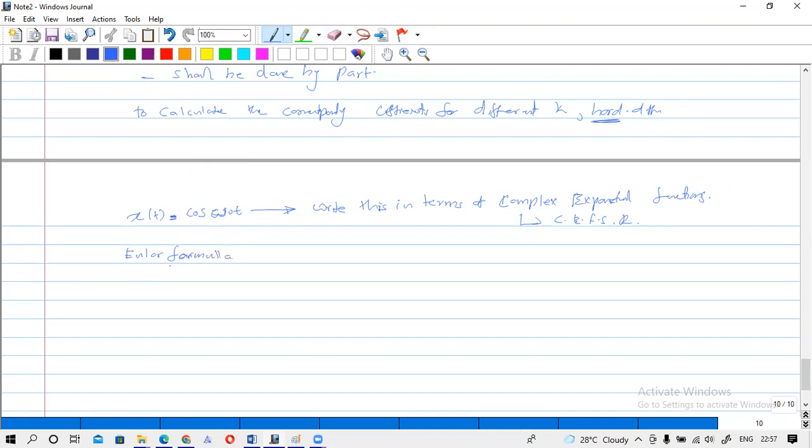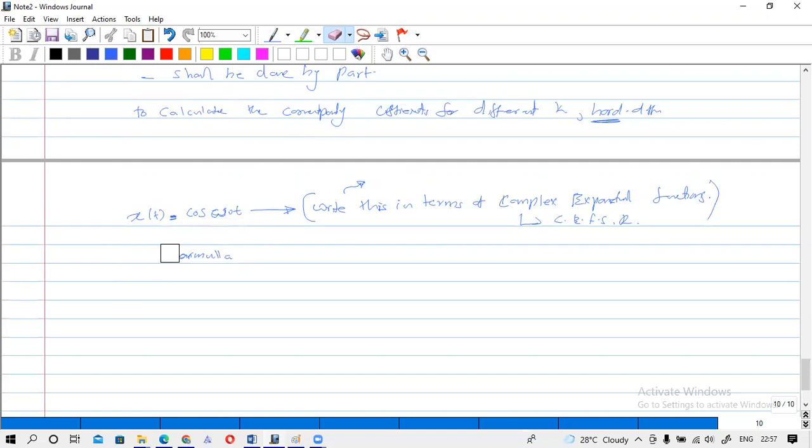When you see this statement, write this in terms of complex exponential function, if the Euler formula came to your mind, you are smart.